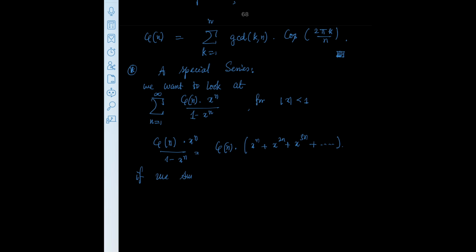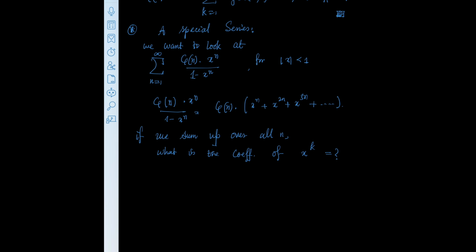So if you sum up over all n's, we want to know what is the coefficient of x to the power k for any k. The coefficient of x to the power k appears when a number divides k.